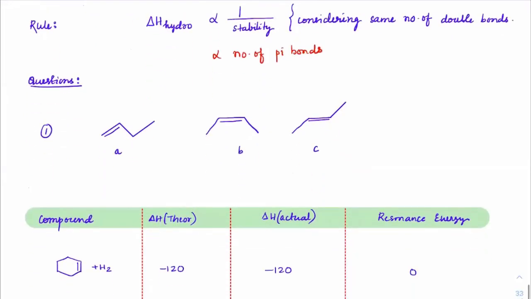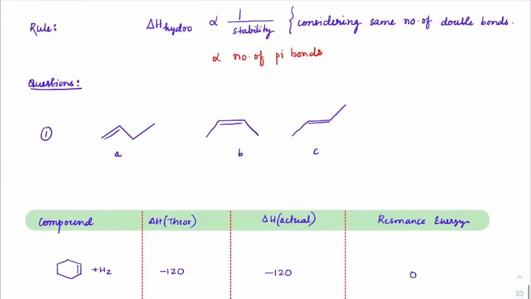Check out this case. Suppose I have to consider A, B, C here. You will check the stability. Here there are only 2 hyperconjugated hydrogens. Here there are 6 of them. Here also we have 6 of them. So the alpha hydrogens are only 2 here, and 6 here, and 6 here.